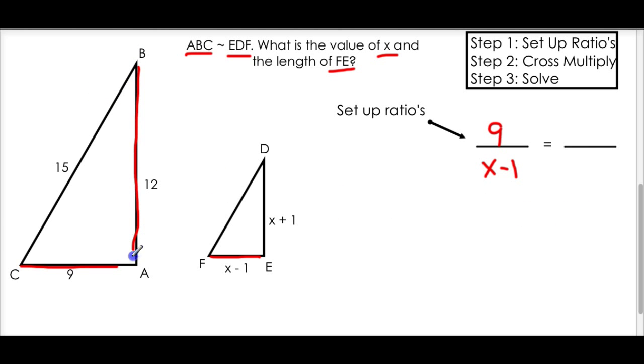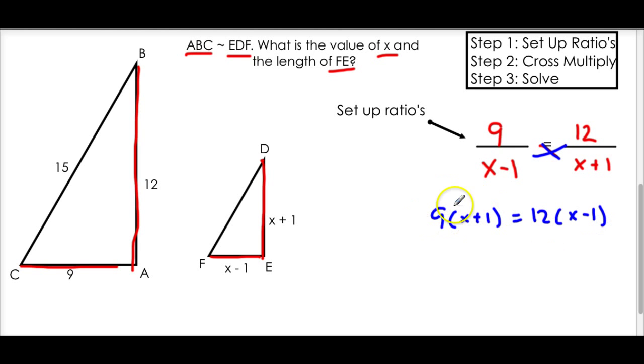We know BA is 12 over DE, which is x plus 1. Okay? Now from here we just have to solve. All right? So we're going to cross multiply. 9 times x plus 1 is equal to 12 times x minus 1.